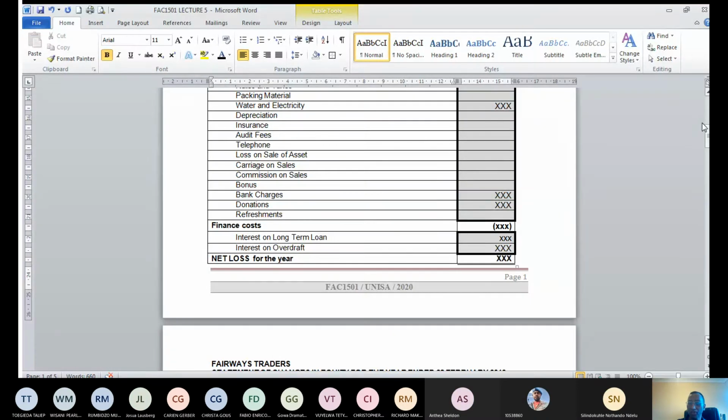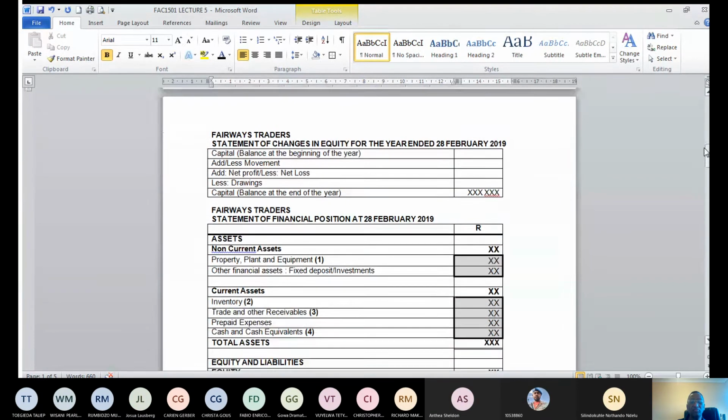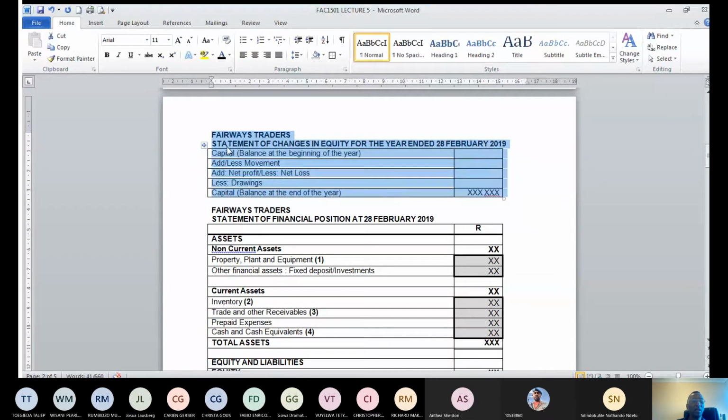It's quite a small statement, as you will see there. Only this part over here. So once again, name of the business on top, statement of changes in equity for the year ended.